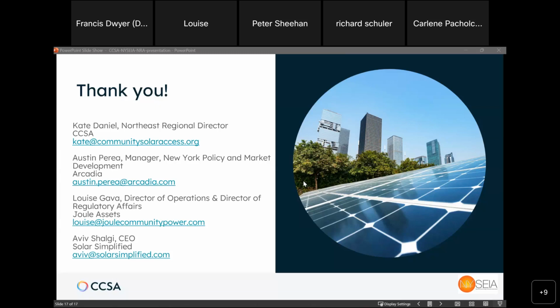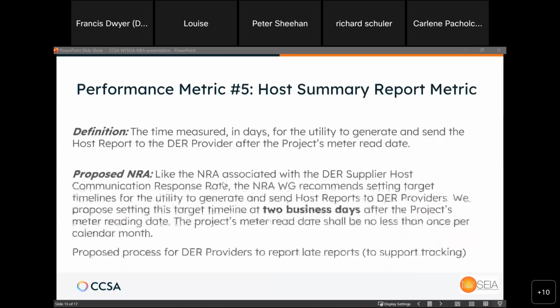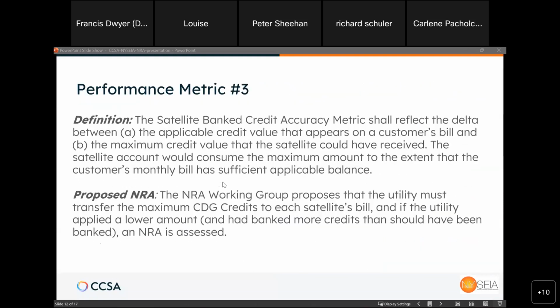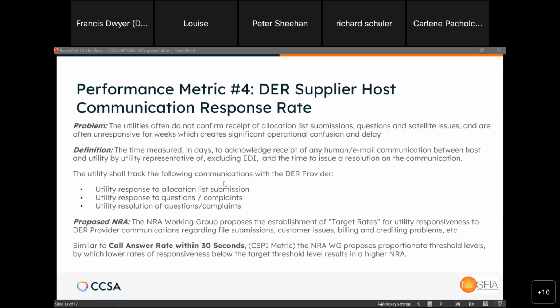I have a question about the communications response metric. Similar to the complaint metric, how would this metric be tracked? The utilities would know when they sent the message.